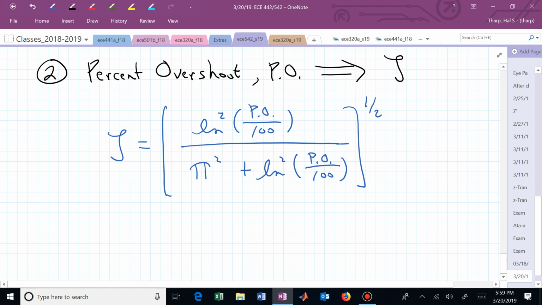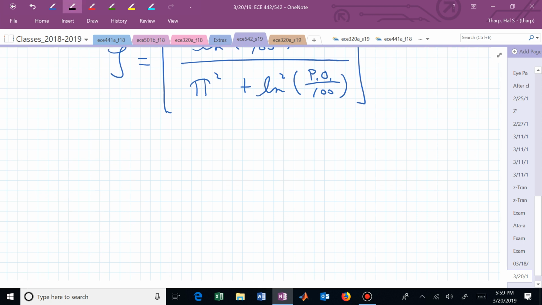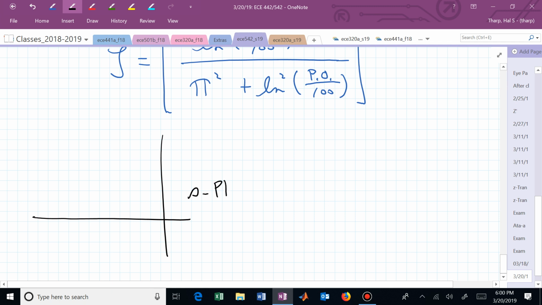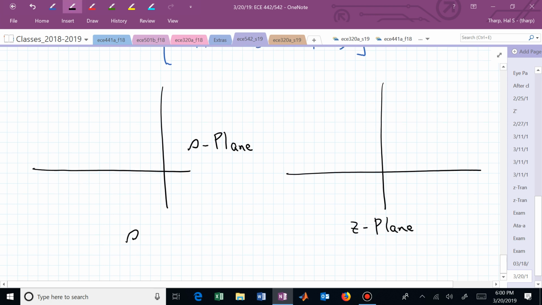Or you could draw or generate in MATLAB or in some textbook, you could have this curve that corresponds to percent overshoot versus zeta. With that being said, let's now look at these two complex planes that we need to be comfortable with in this class, making the connection between these two planes.